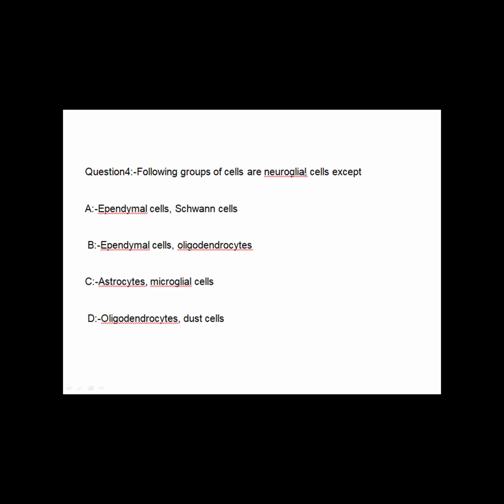So these are the cells which are responsible for the nourishment of the neurons, a kind of supporting system. They play the supporting role, like helping protection and nourishing the neurons, right?